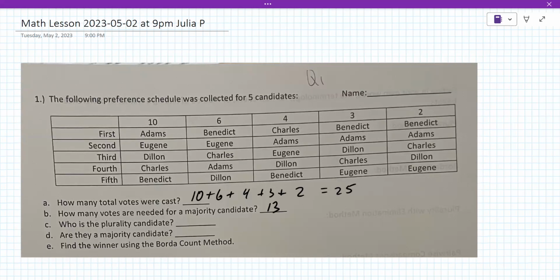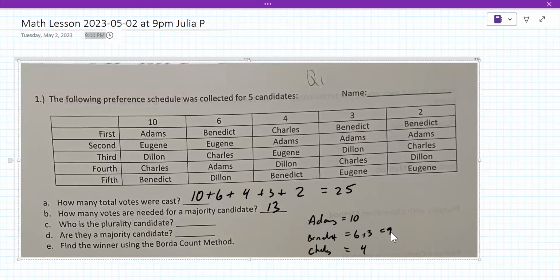Okay. So for the plurality method, we look at, for example, Adams. He has 10. Benedict is 6 plus 3. We're just looking at the first row there. And so that's 9. And then Charles is 4. And I'm sorry, Benedict had 2 more. Sorry, I missed that last one.